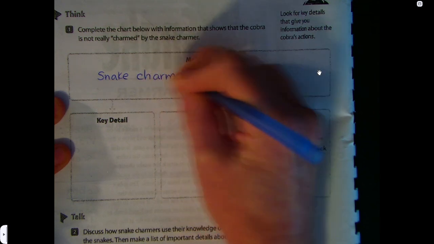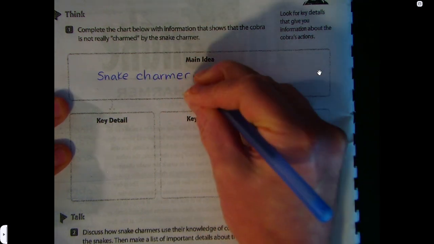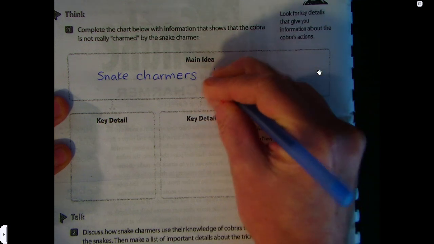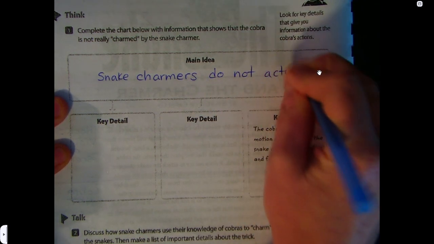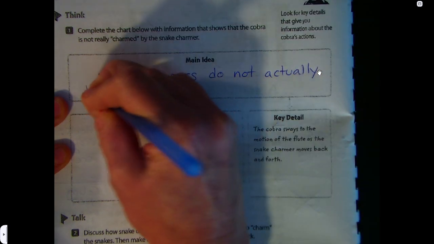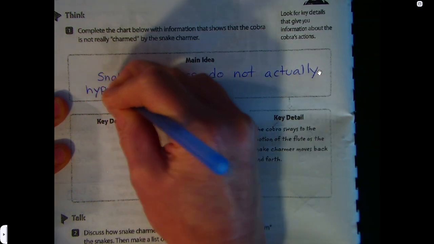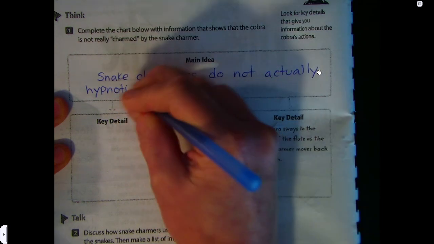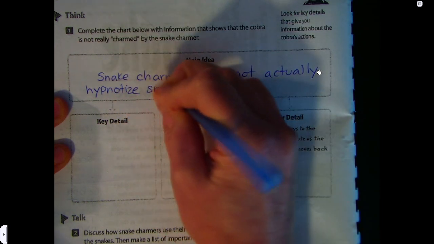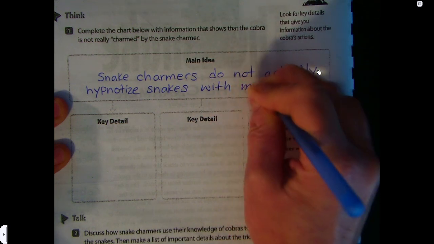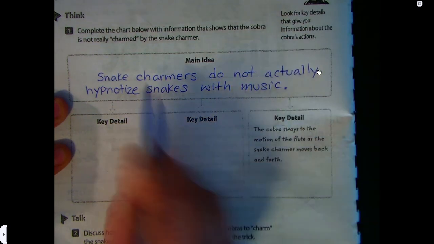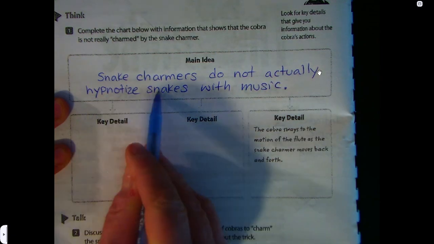I'm going to write something like this, and you don't have to write the exact same thing. You can put it in your own words. Snake charmers do not actually, I'm going to say hypnotize. We didn't read the word hypnotize, I just like that word. Okay. So snake charmers do not actually hypnotize snakes with music.